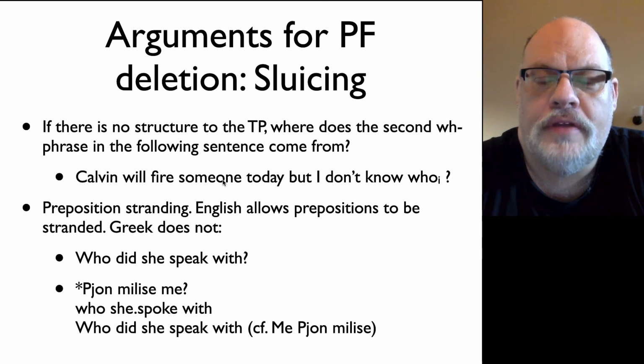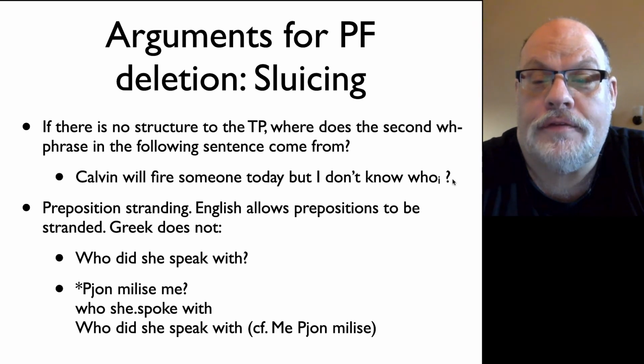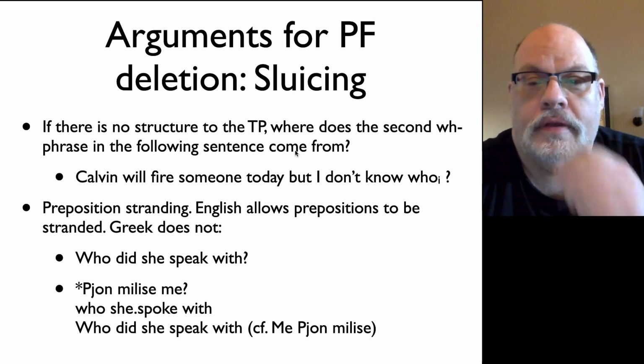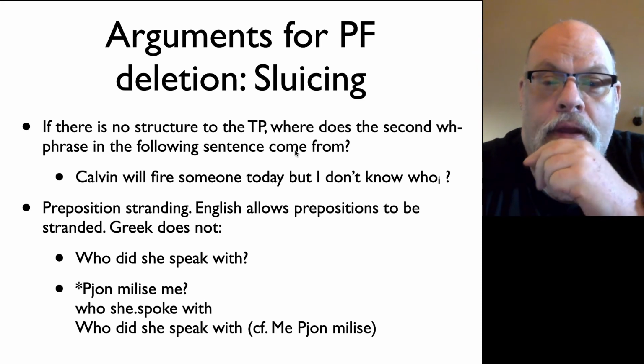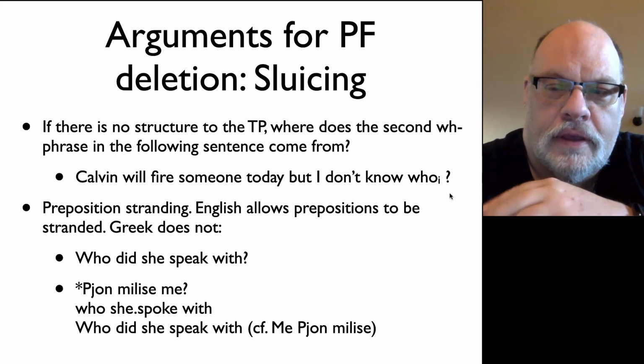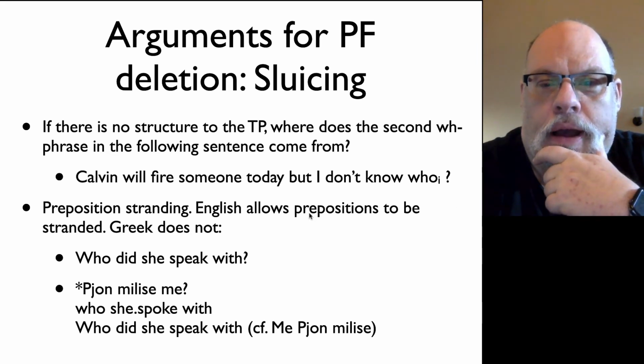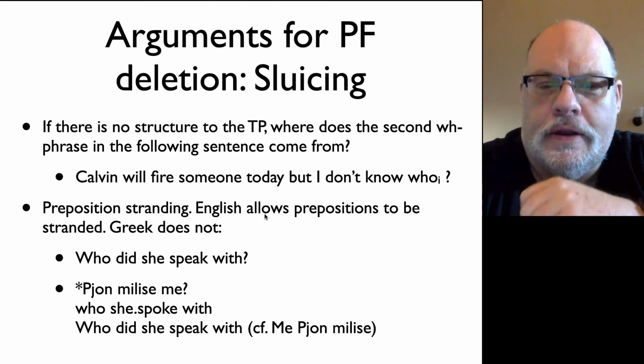So we do WH movement of something referring to someone, and then we get rid of the rest of this after the who. So this is sluicing, or TP ellipsis, because this is in the CP, and then everything else which is in the TP goes away.